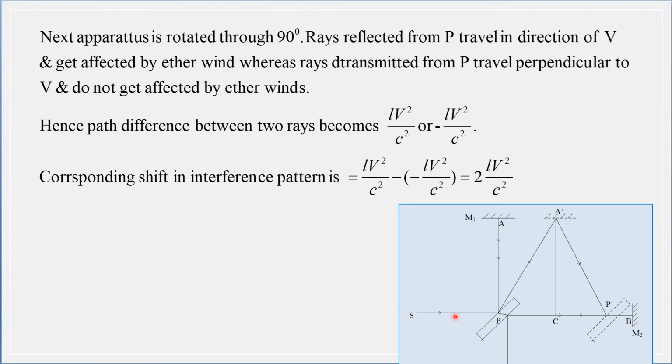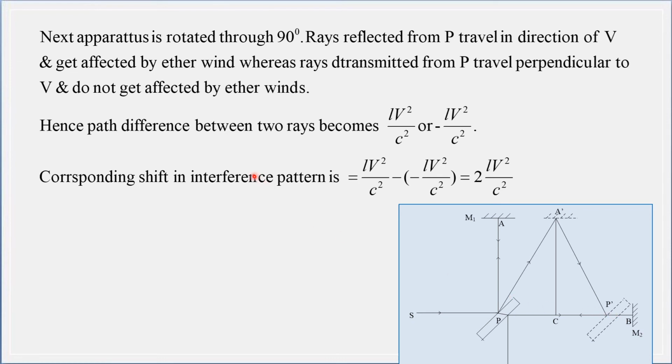The source goes on the top and the telescope to the left. So when it is rotated by 90 degrees, the transmitted beam will not get affected by the ether wind because it is perpendicular to it, and the reflected ray will get affected because it is in a direction opposite to that of the ether wind.